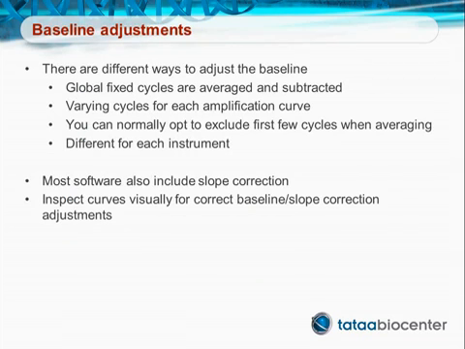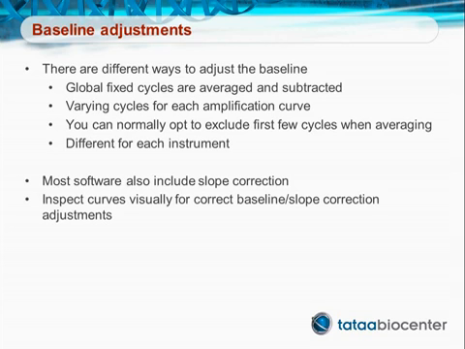There are several ways that different software use to do the baseline adjustments. Normally more than one alternative is available in each software, and sometimes it can be useful to test different methods if it is difficult to achieve a good baseline with the default settings. Many software have an option where the software takes a predefined number of cycles that they average and subtract from the amplification curve.